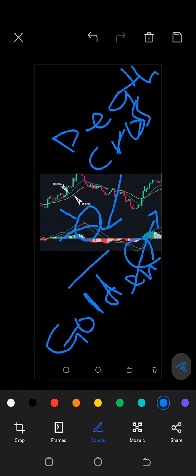You see that over here? It's called the golden cross. So when you see the cross happen up here, bending downwards, it's called the dead cross. And the one here crossing upwards is called the golden cross.